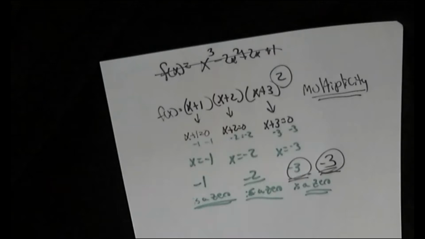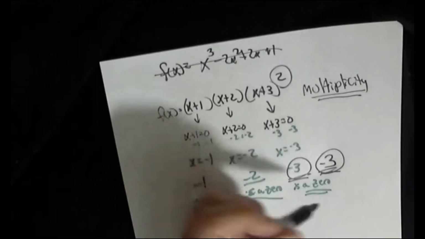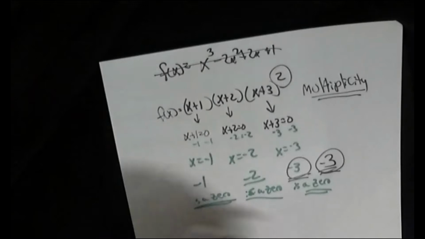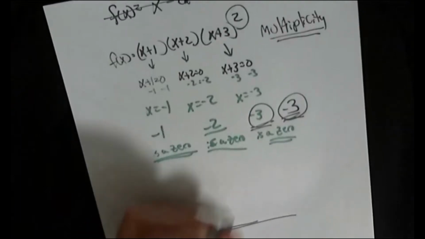zeros of the function. And what happens when you have a multiplicity, if it's an even number, the graph is going to do that thing where it bounces off of the axis. So without even knowing exactly what this function would look like graphically, I know a couple of things, and I'm going to go to Desmos and prove it.